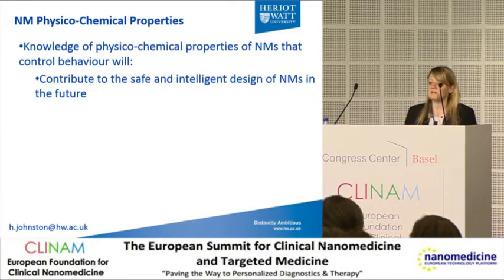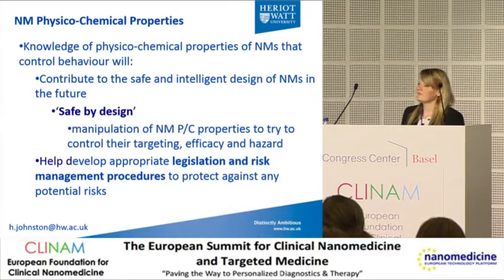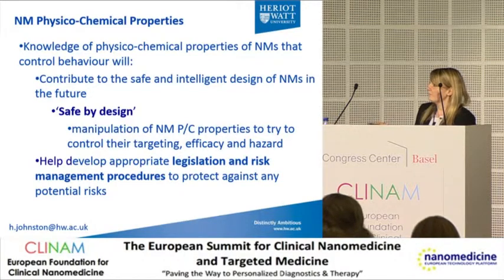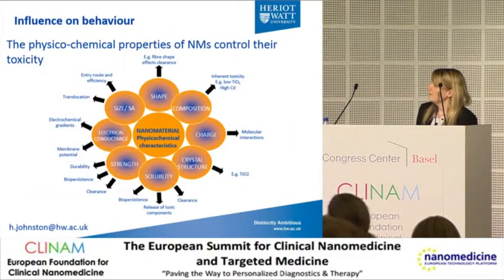However, we really need to have a better understanding of how the physical-chemical properties of nanomaterials impact on their behavior, because in the future this will allow us to design more intelligently the safety of materials. So we try and manipulate the properties of the nanomaterials to improve, for example, their targeting or reduce their hazard. And it's also important for risk management and developing appropriate regulation.